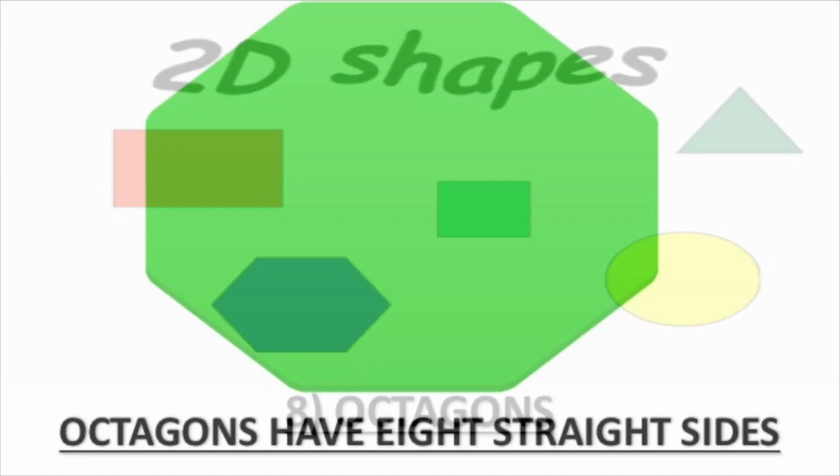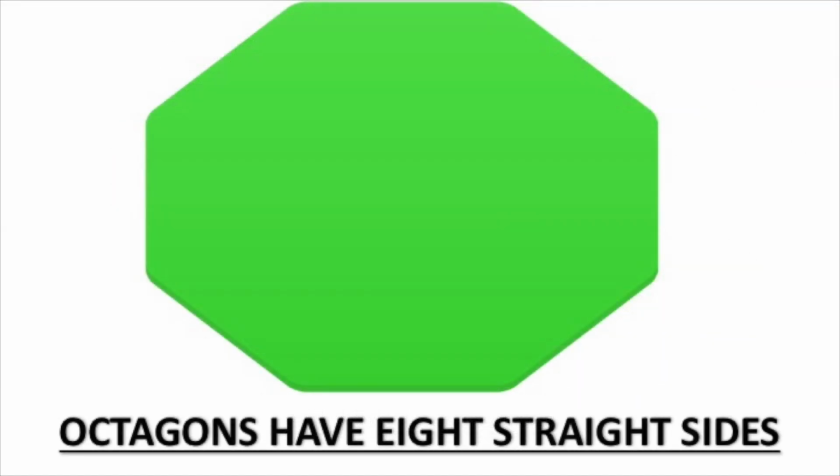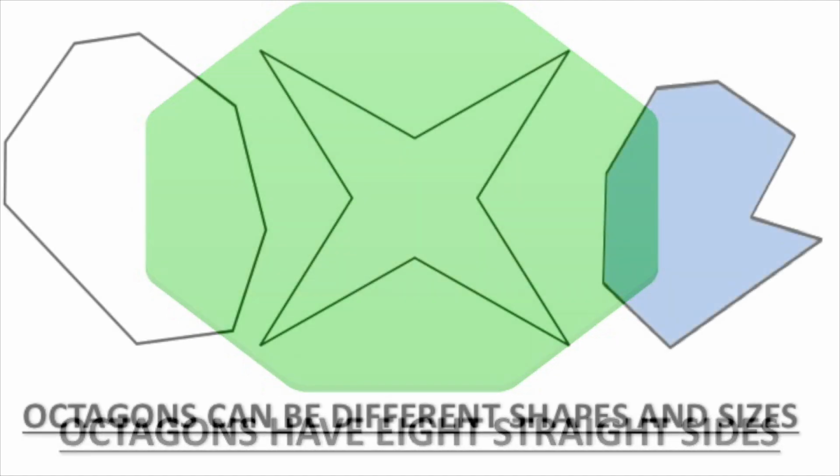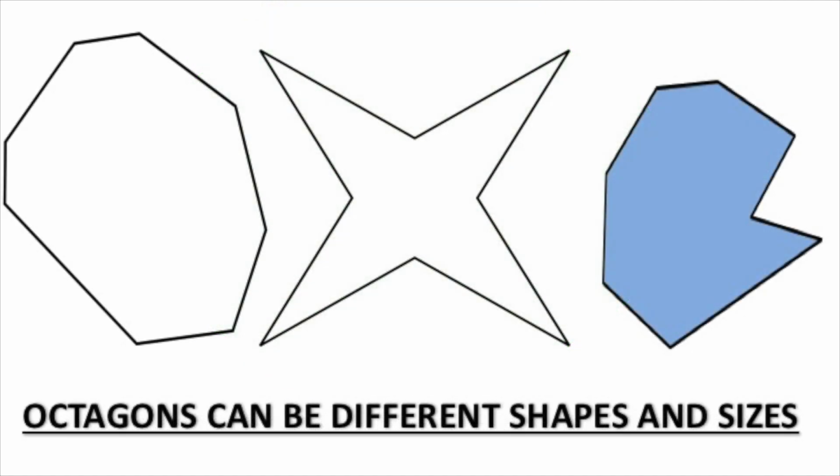Octagons have 8 straight sides. Yes, all of the sides have to be straight. Octagons can be different shapes and sizes, and also colors too.